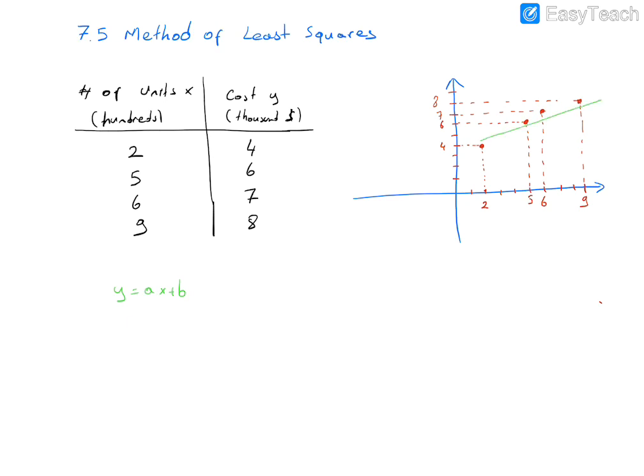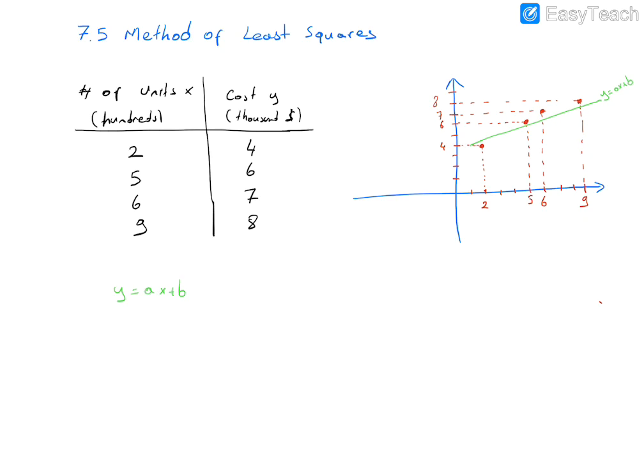I don't know actually, but I show this as the best line, y equals ax plus b. So the manufacturer would like to approximate the cost function by a linear function y equals ax plus b. Our aim is to determine the values a and b so that the line is in some sense the best approximation to the cost function.